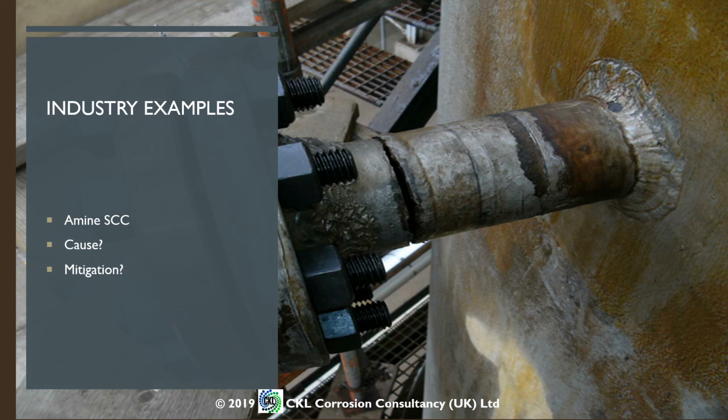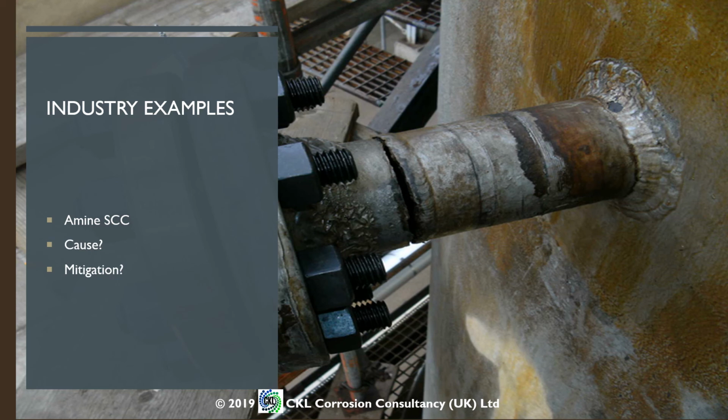where the material is put under a great deal of internal strain and stress because of the welding operation as it tries to contract once it cools. This is a carbon steel nozzle in a carbon steel column, and this is an amine service.